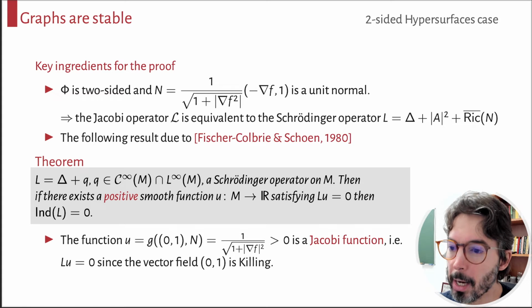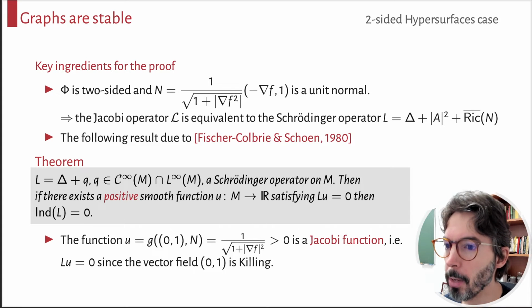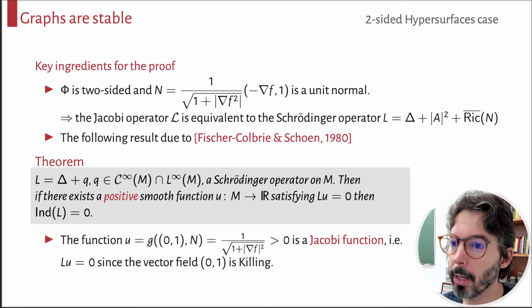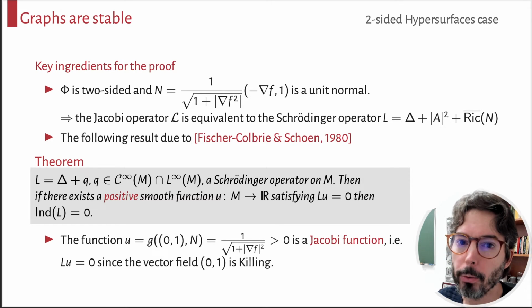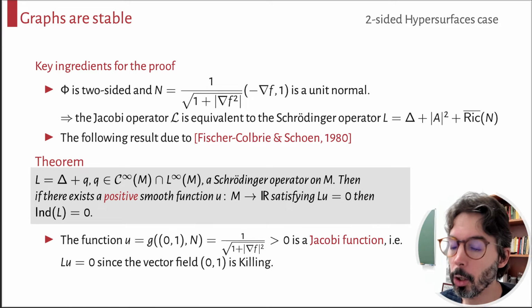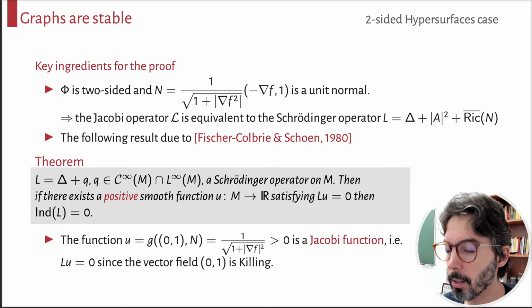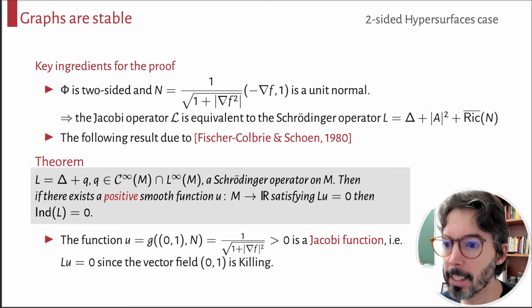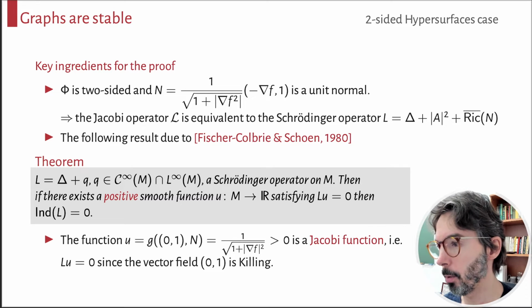Geometrically, if we are deforming our submanifold in the direction of a Killing vector field, since the flow of a Killing field is by isometries, then we are not changing the volume. So it is reasonable that that function lies in the kernel of the Jacobi operator.